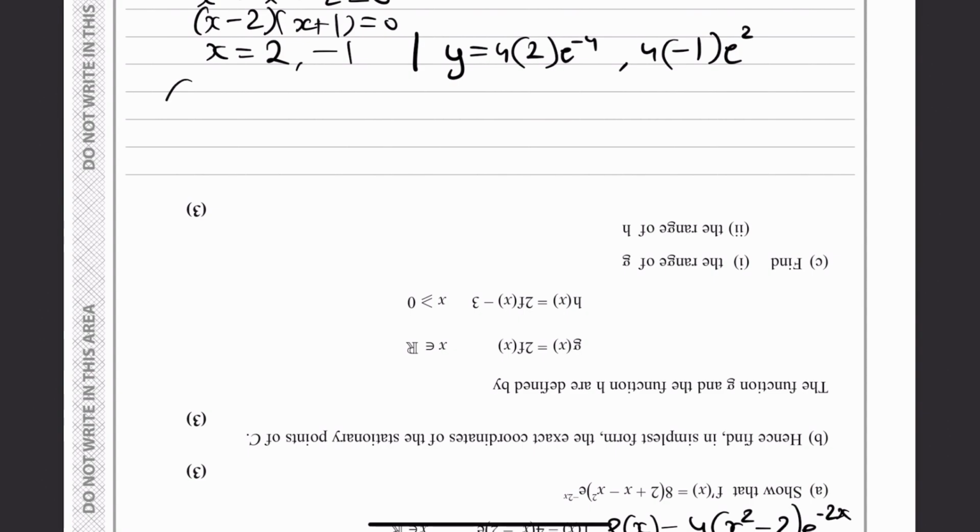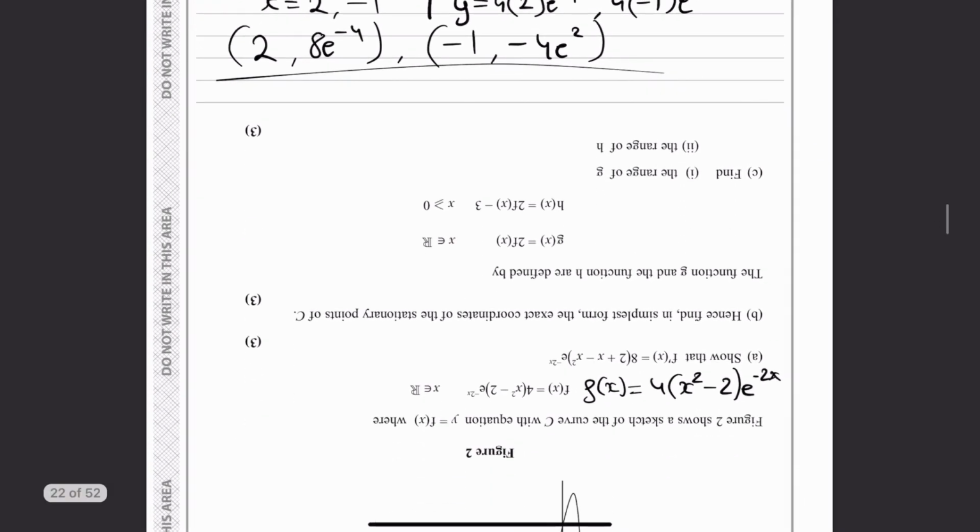And okay, so our coordinates are 2, multiply out these, 8e to the minus 4, and minus 1, minus 4e squared, like so. Those are the coordinates of the stationary points.